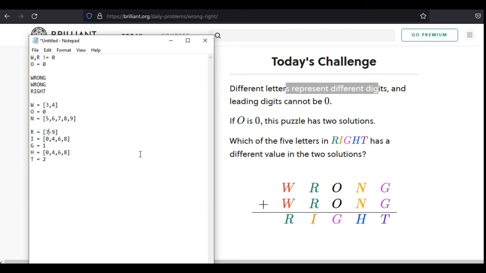38 plus 38 would be 76. W plus R. So this is interesting, right?